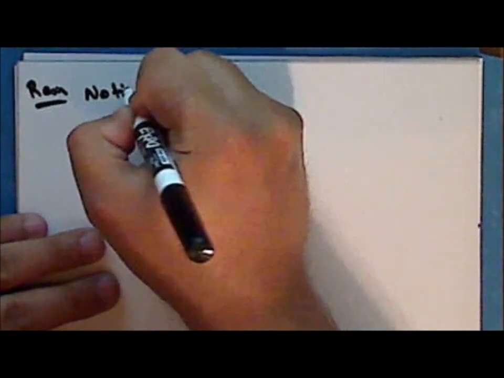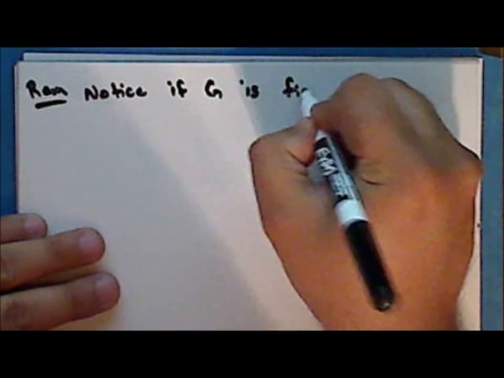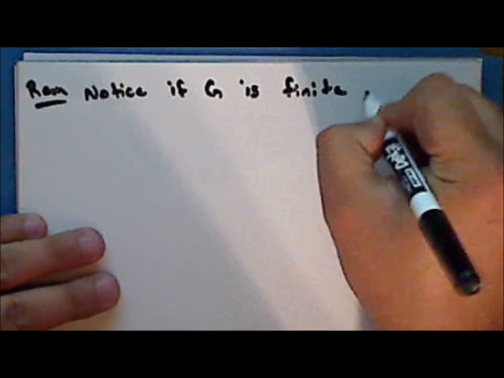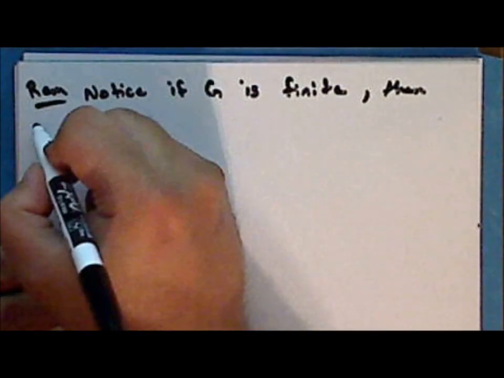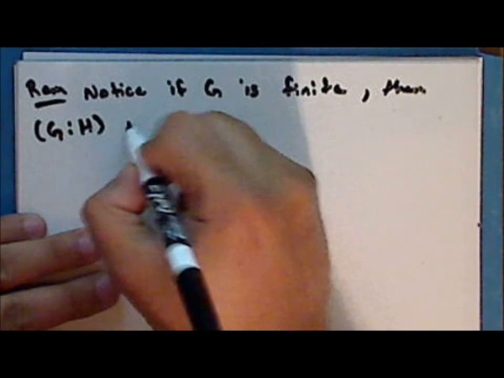So notice that if the group G is finite, then the index of the subgroup H in the group G is finite.